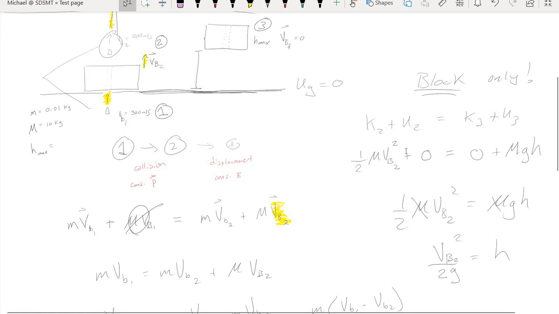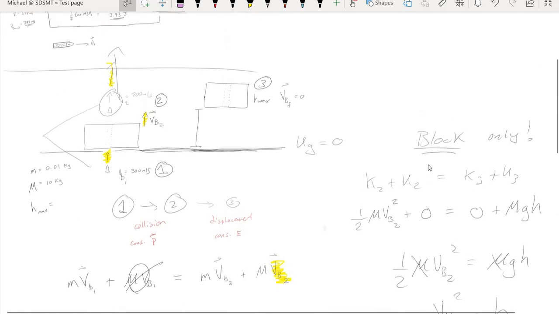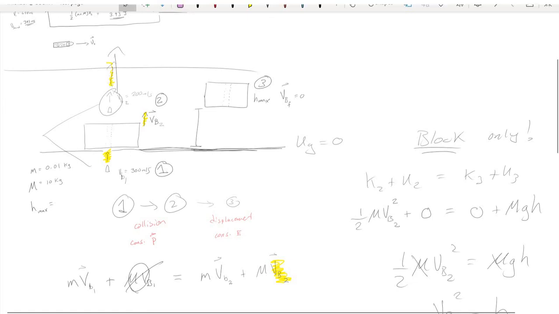We could change the difference in the velocities of the bullet. We could reduce the velocity of the bullet when it exits to something like 100, but that's not really something that we can control in this experiment. What we could do is reduce the mass of the block that we choose to use.